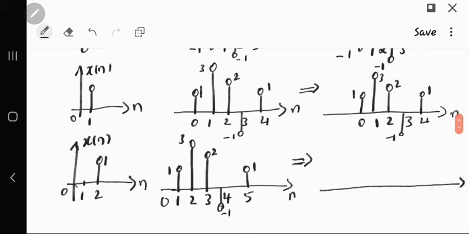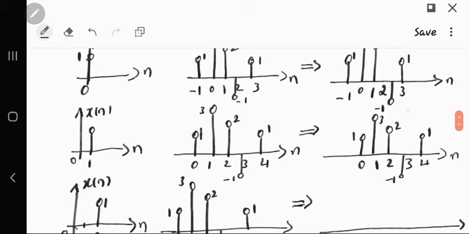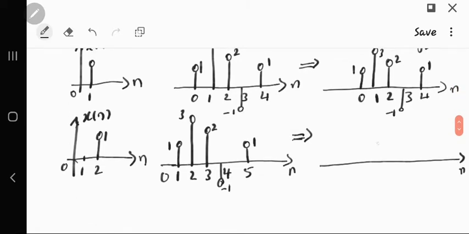Now when this gets multiplied with the signal, let's see what happens to this. And I forgot to mention, I'll call the previous signal y2 of n. So now at 0 nothing will be there, and at 1, 1 into 1, 1, and at 2, 1 into 3, 3, and at 3, 1 into 2, 2, and at 4, -1, and at 5, +1.